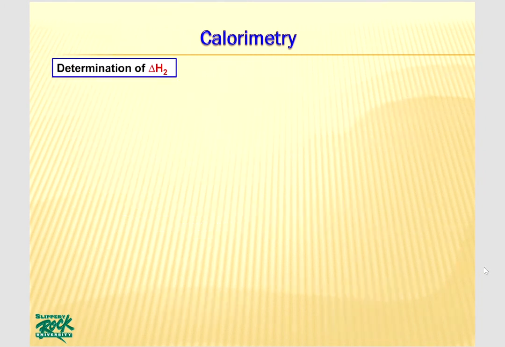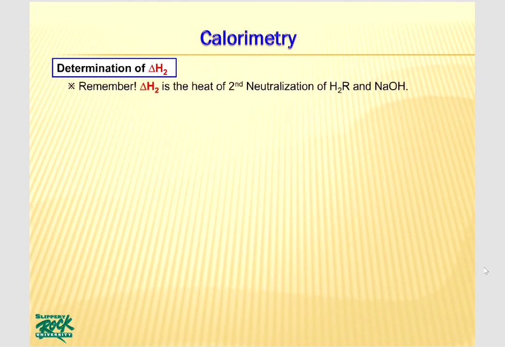You have to go through an additional step to determine delta H2, because delta H2 is the heat of second neutralization of H2R and NaOH, which is represented by the following reaction. HR- reacts with OH- and produces R2- and water.